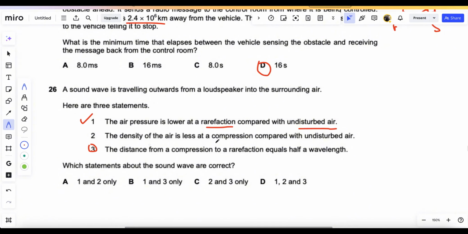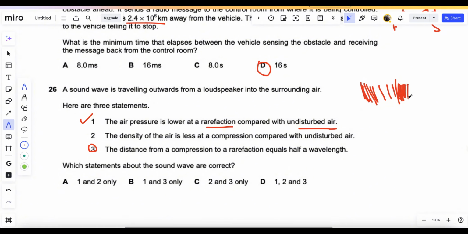The distance, you know, compression, rarefaction, then compression again. You've done this with other longitudinal waves. We studied longitudinal waves.